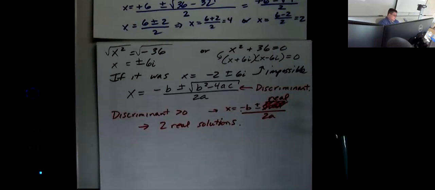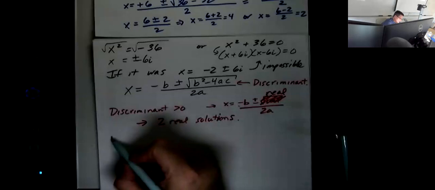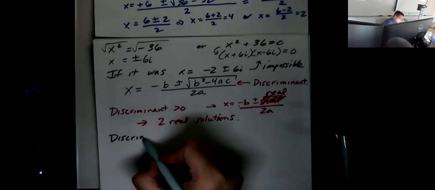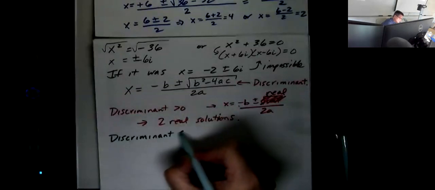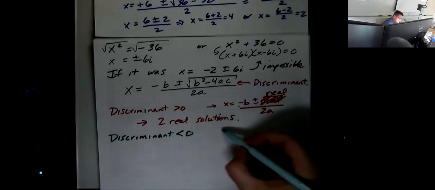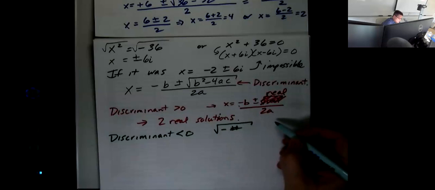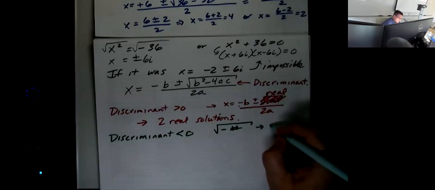In fact, you don't even need to do the quadratic formula, you can always check to see what type of solutions you're gonna get, just by checking this. Because the one that's really handy to note is that if this is less than 0, then I've got a negative number inside here, which leads to imaginary numbers.